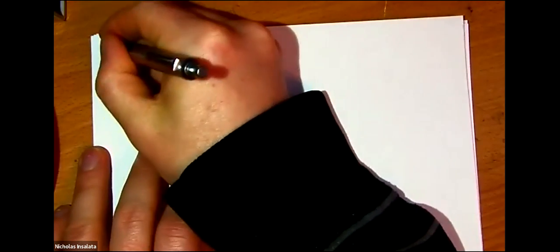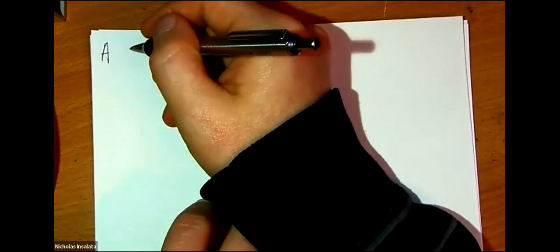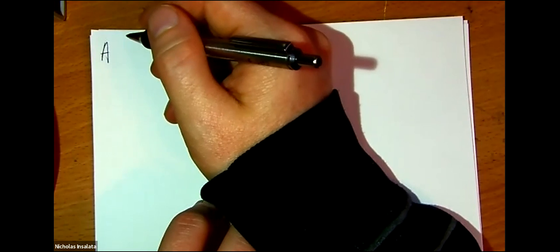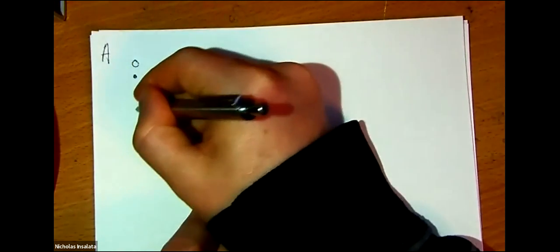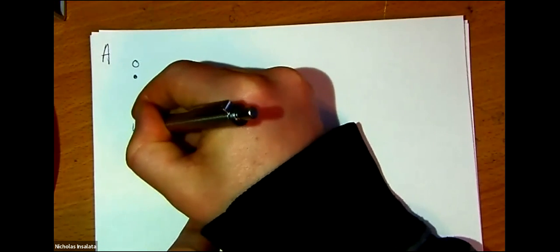All right, so I have a set A with a directed graph, and here's how it's going to look. This is just right out of your book. So I've got A. Here's what it looks like. I have 0 and 4 like this.